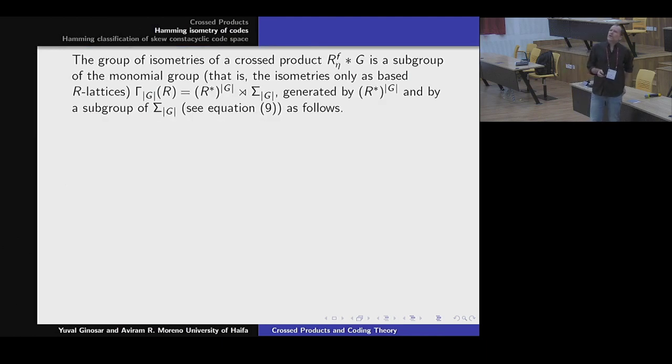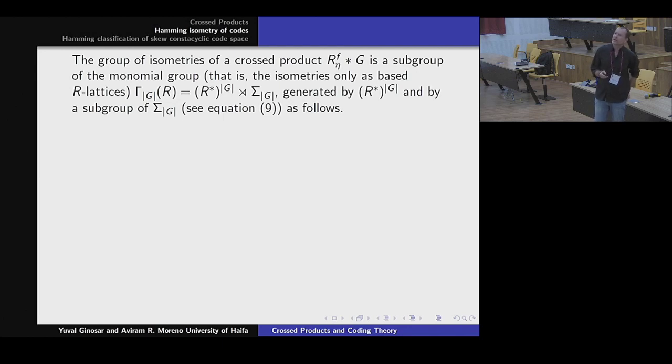The group of isometries of a cross product is a subgroup of the monomial group. Okay, so the monomial group is blind to the product, just as an R-lattice gives us isometries. This is the monomial group, Gamma of order |G| over R, which we saw.